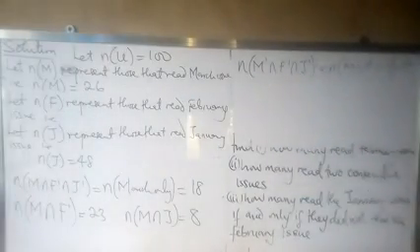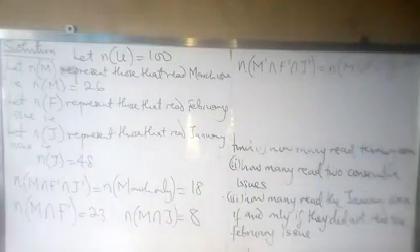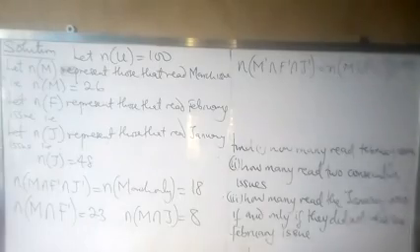That is the number of March complement intersection February complement intersection January complement, which is the same thing as the number of March union February union January, complemented. That is given to be 24.